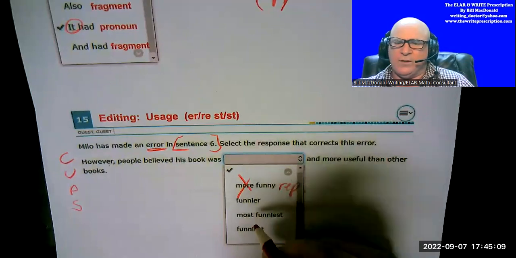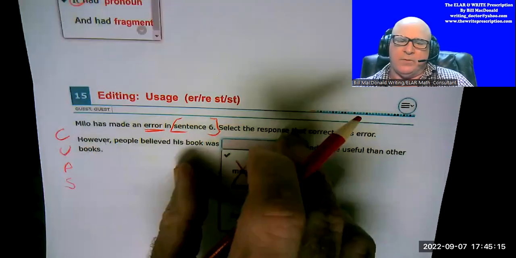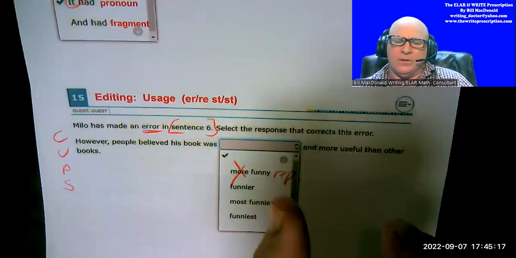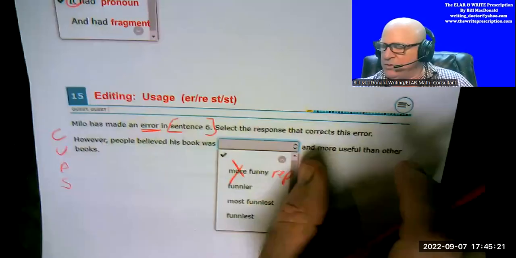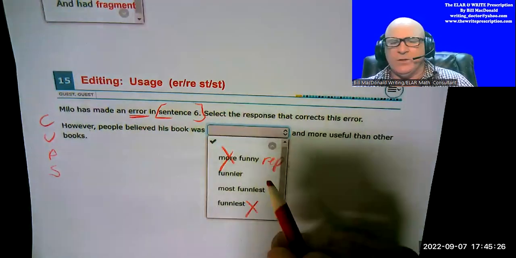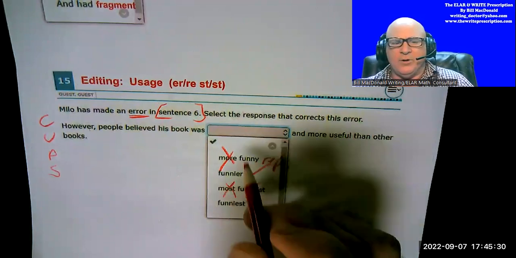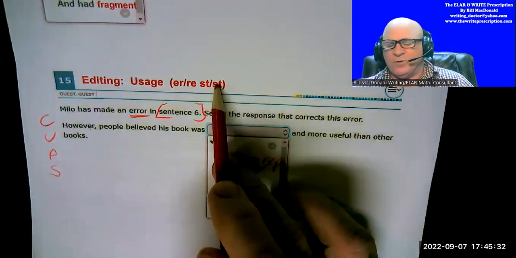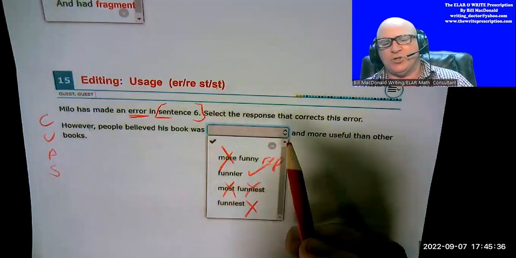And since we're only comparing this book to other books one at a time, we wouldn't use the superlative form. We would use funnier, and there's no such thing as two STs in a row. So we would say the book was funnier and more useful than other books. So that would be usage.